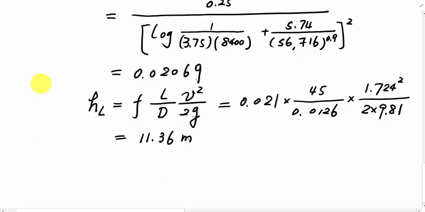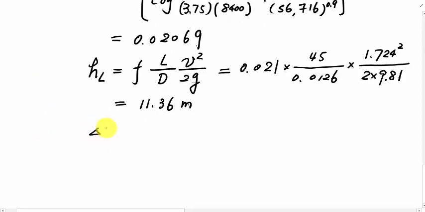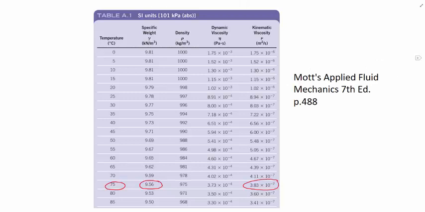Okay, the question is not ended yet. The question is asking for the difference of the pressure between 1 and 2. The pressure difference equals gamma times h_L, head loss. Okay, what is gamma? Gamma is the specific weight of water, and this water is at 75 degrees Celsius, right? So let's go back to this property table. Specific weight at 75 degrees Celsius is 9.56, and the unit is kilonewton per meter cubed.